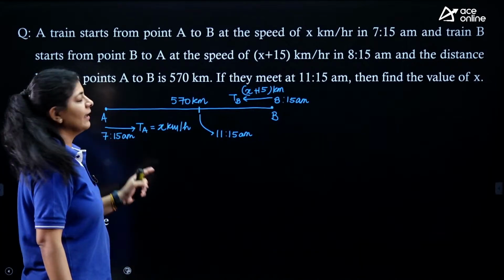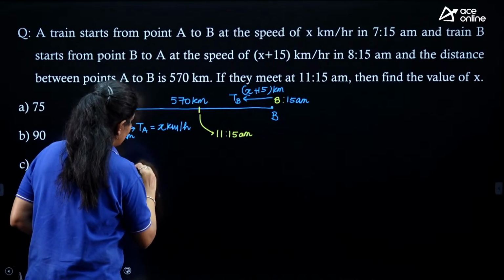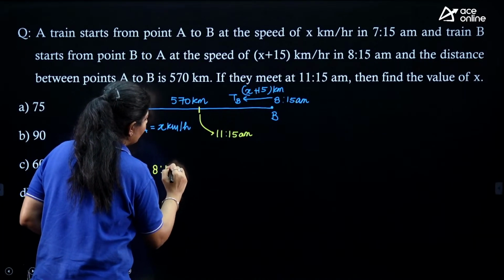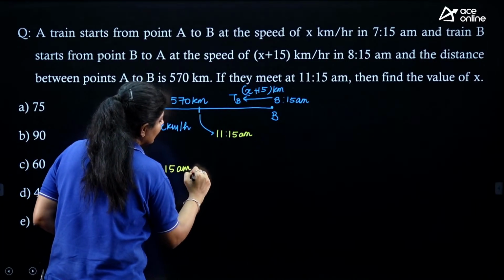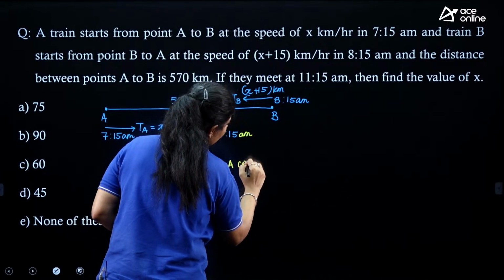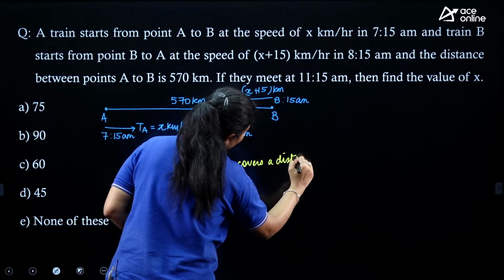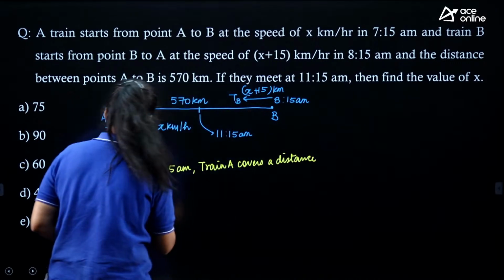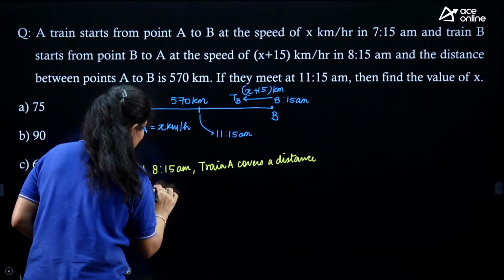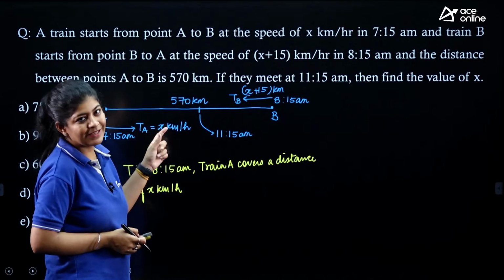So in 1 hour, till 8:15 am, we can say that train A covers a distance of x kilometers, right, as it is running with the speed of x kilometers per hour.